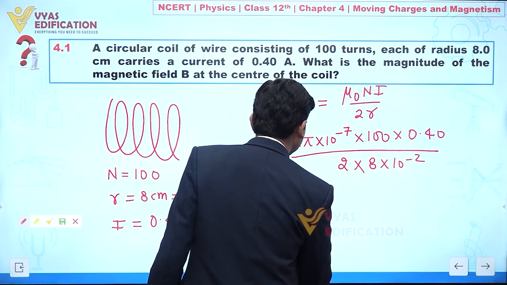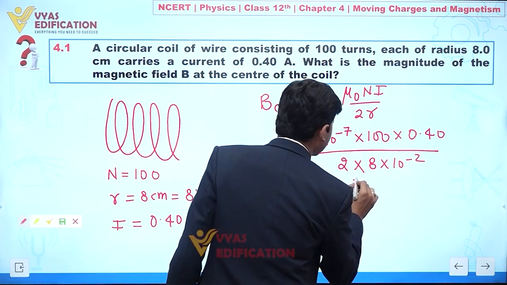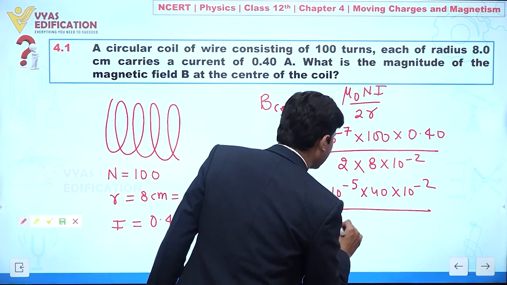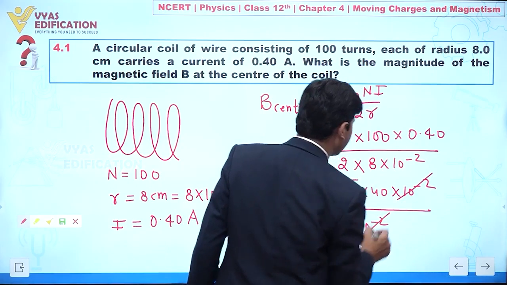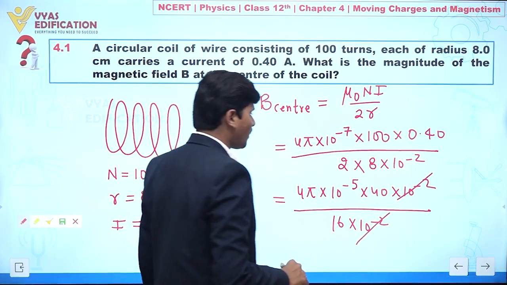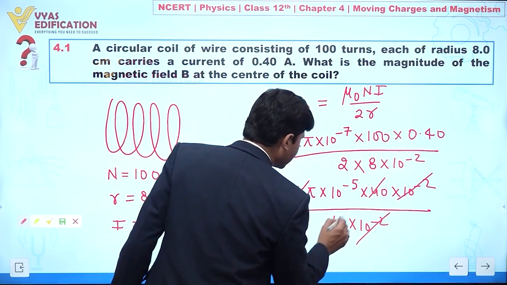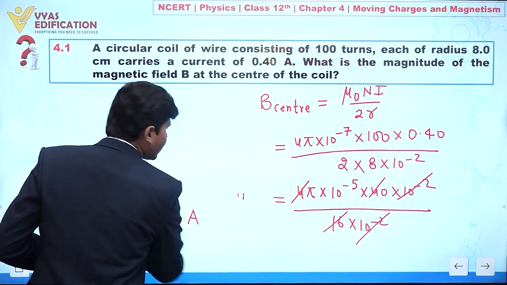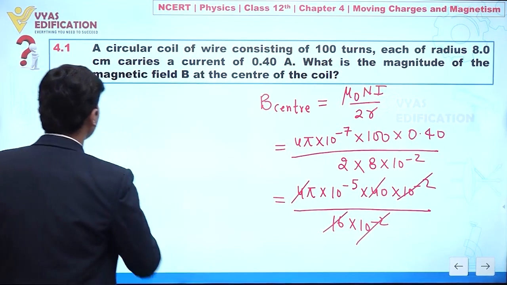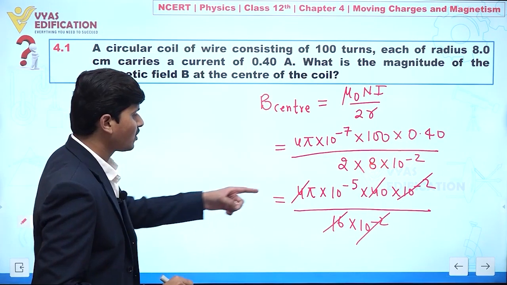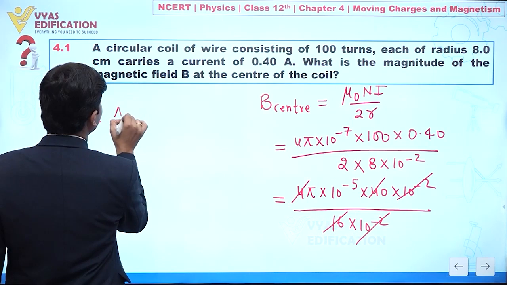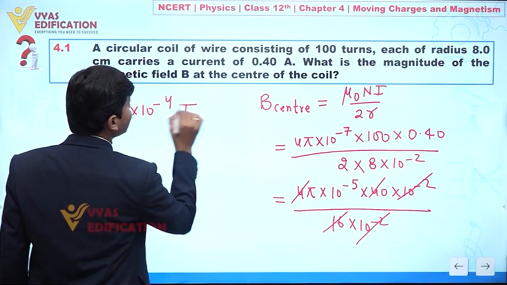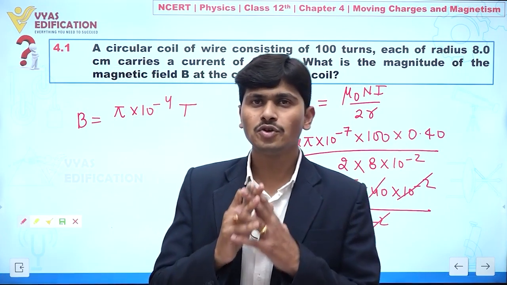If you calculate, you get 4 pi into 10 to the power minus 5 multiplied by 40 into 10 to the power minus 2, divided by 16 into 10 to the power minus 2. This one and this one cancel out, and this 4 and this 16 also cancel. So the value of magnetic field at the center of the coil is pi multiplied by 10 to the power minus 4, and this value is in Tesla, the unit of magnetic field.